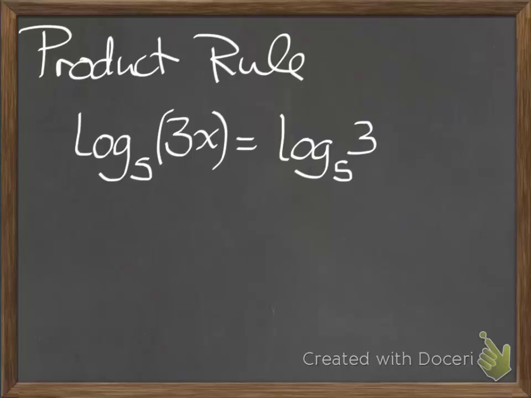Log base 5 of 3, and when we separate it, we are going to add. So remember, when we were multiplying bases that were the same, we added the exponents. Same idea is going on here. So the product rule says I can expand it out. This is the expanded form.